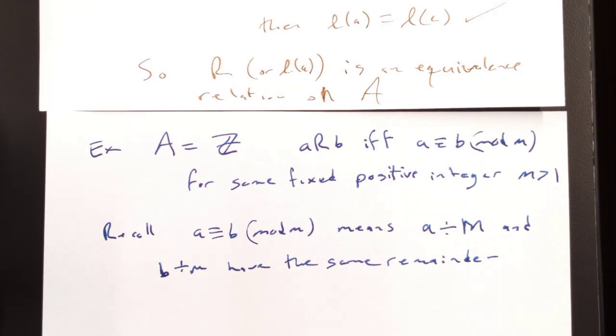Multiplying by M. We got around that. If I take those two sides, they should be the same, right? So if I subtract them, I should get 0. So what if I just took A minus B? What do I know about A minus B? It's a multiple of M.